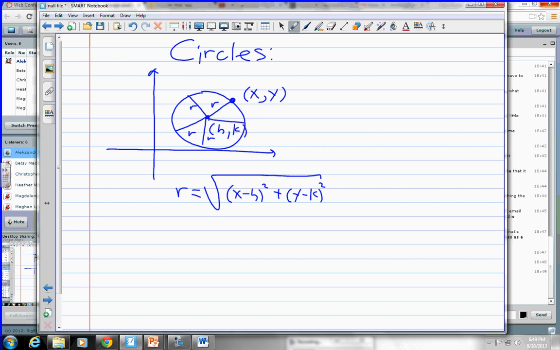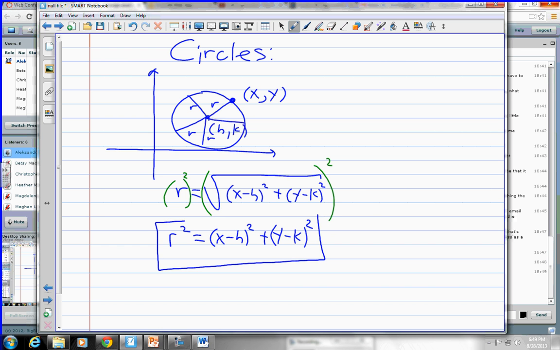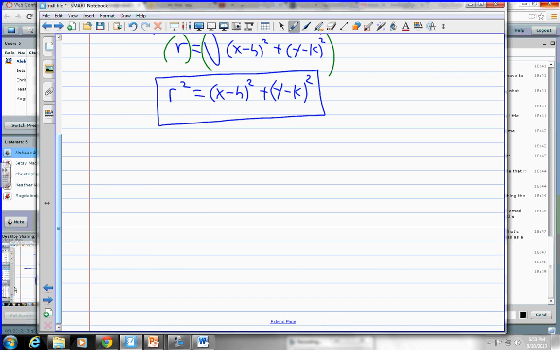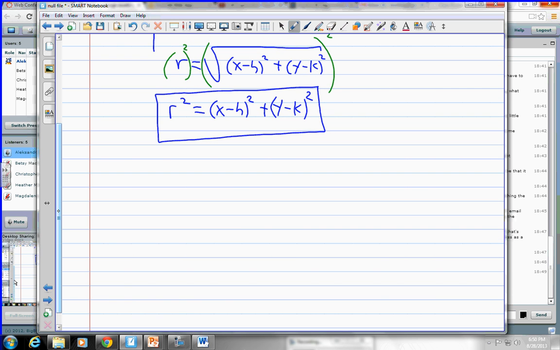Now, square root is always an ugly thing, so I'm going to get rid of the square root by squaring both sides of this equation. So that will give you r squared equals x minus h squared plus y minus k squared. And that's the equation of a circle that is centered at hk and has a radius r.